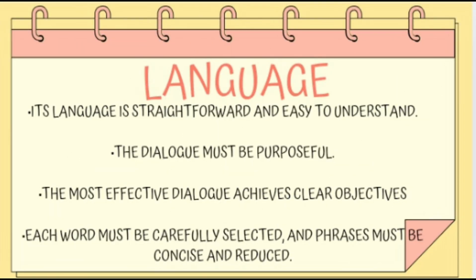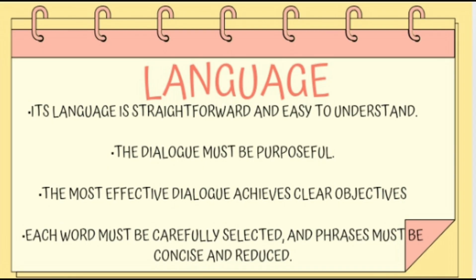The last is language. The language is straightforward and easy to understand. The dialogue must be purposeful. The most effective dialogue achieves clear objectives, and each word must be carefully selected and phrases must be concise and reduced. So, language in a one-act play is simple, clear, and direct.